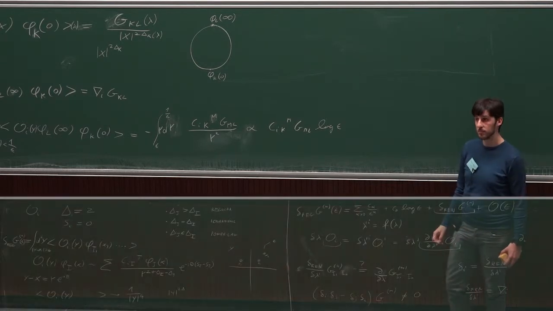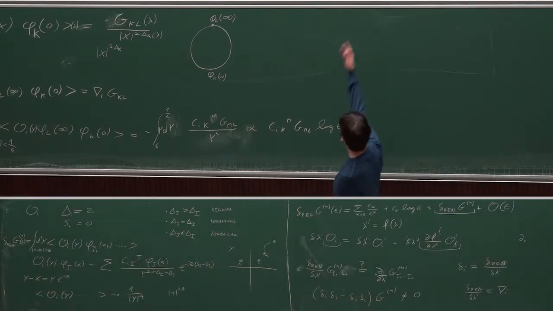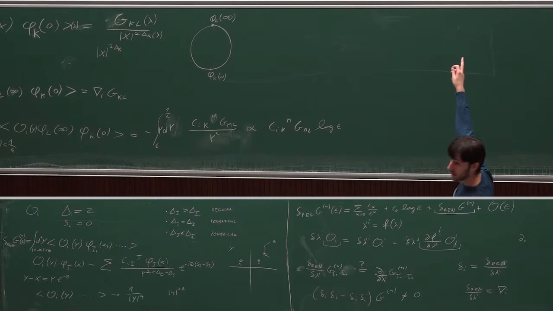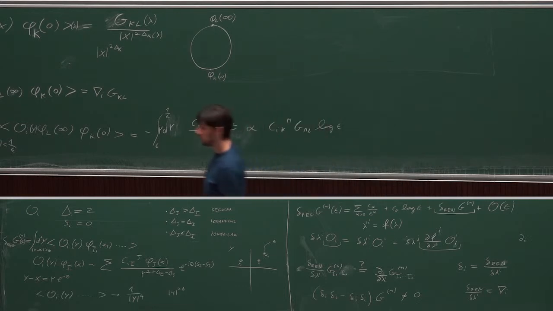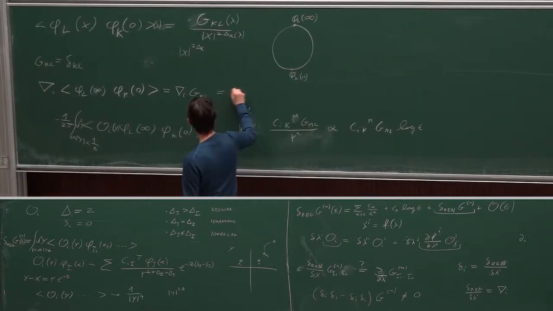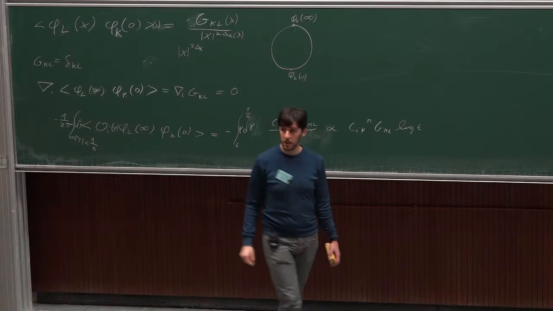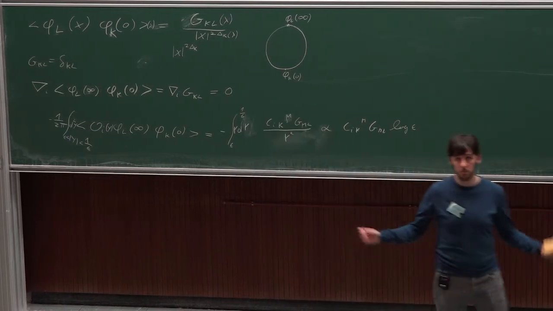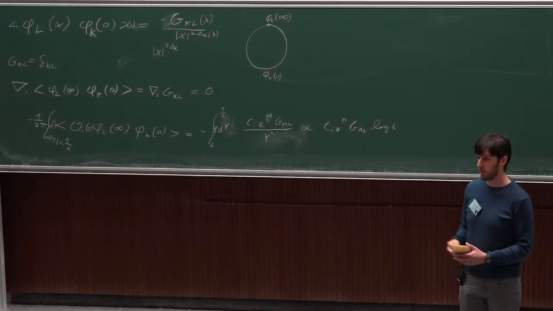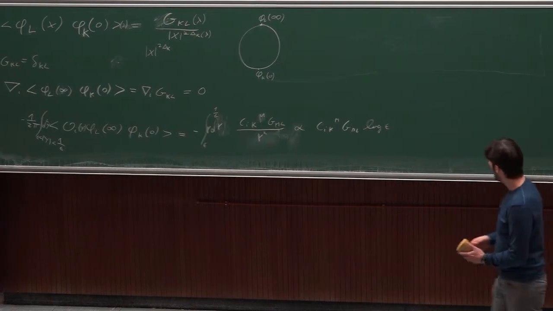And then I apply my rule: I extract the finite part of this, which is 0. So this is 0. That's what my regularization prescription teaches me.